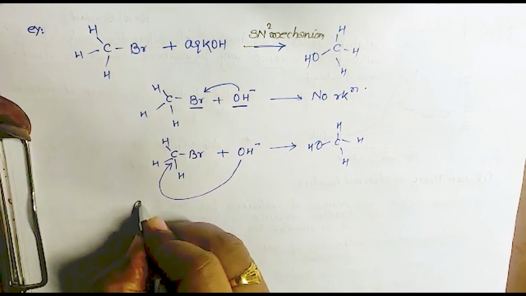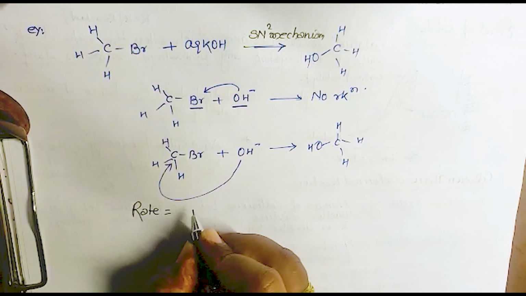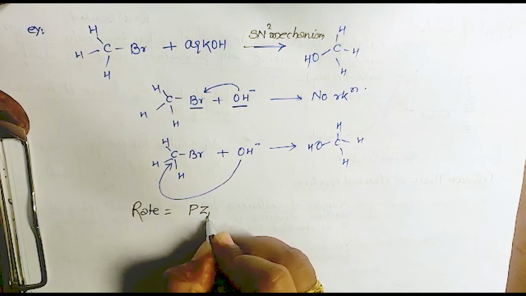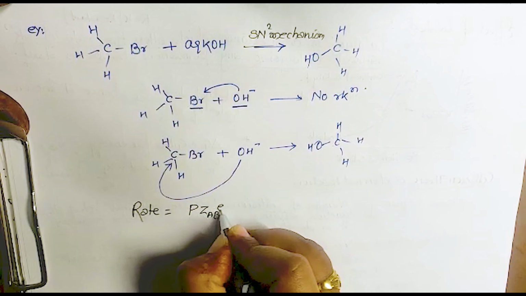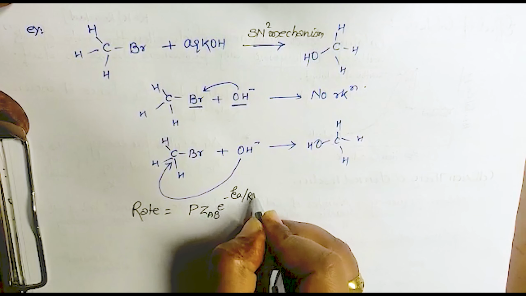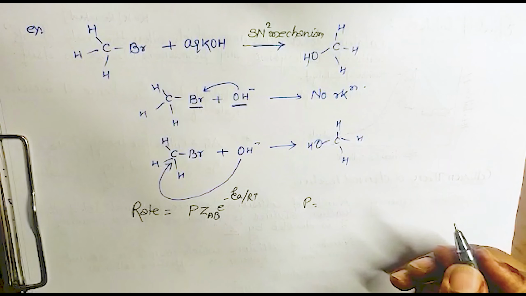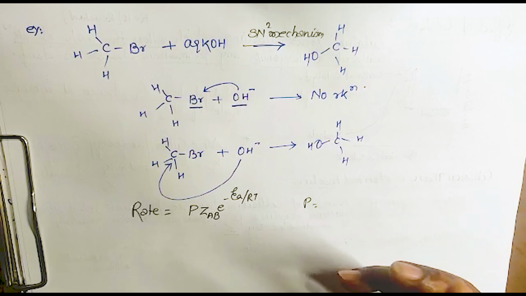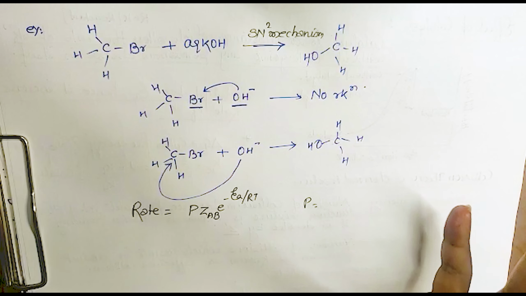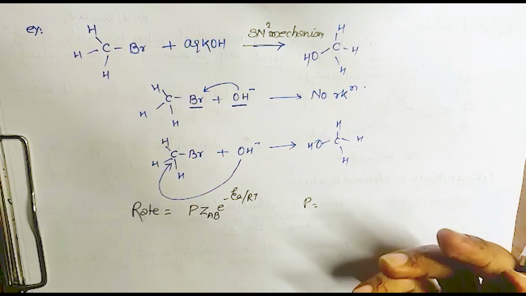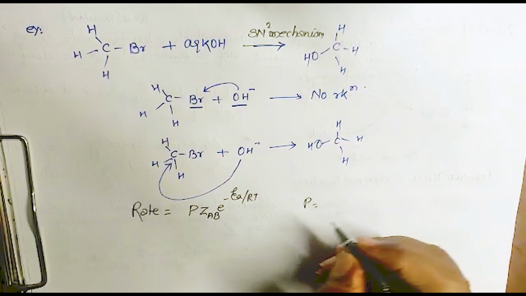Since a new word has come here, the orientation, the rate of reaction can also be written as P ZAB e to the power minus E upon RT. What is this P? P is called the probability or steric factor, that is the effective collision, or we can say the orientation.